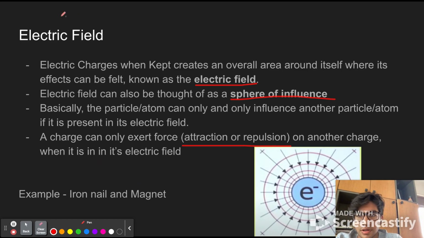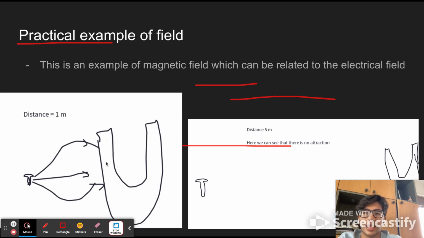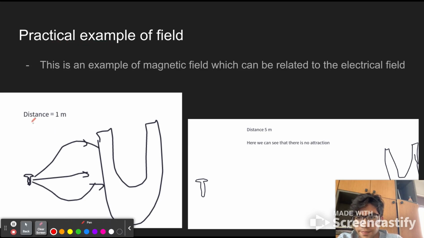In this unit we are talking about the electric field, but I wanted to give you an example of how a magnetic field can also be thought of in the same way. In this image you can see the distance between the iron nail and the horseshoe magnet. For your information, this is known as a horseshoe magnet.